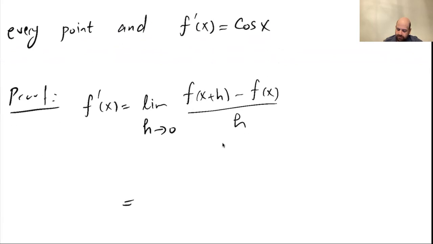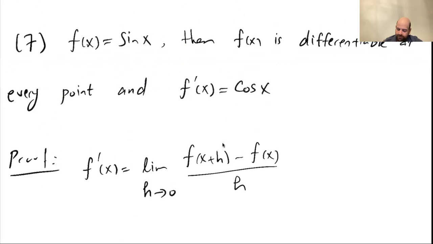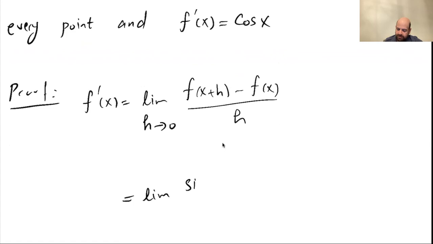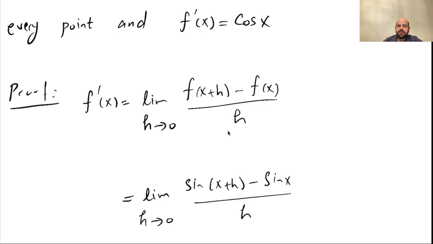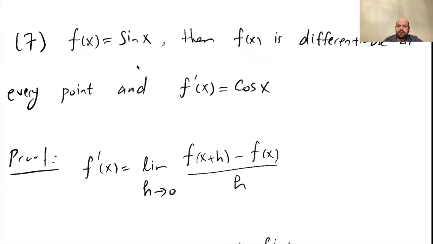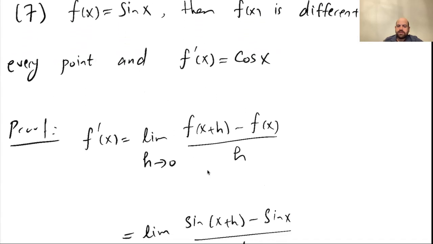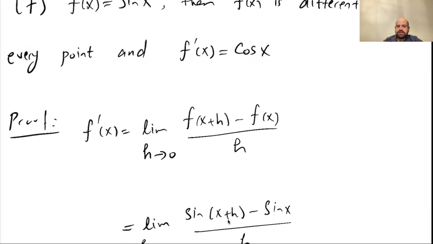Now, how much is that going to be? Limit of f of x plus h, which means sine of x plus h, minus sine x, since f of x is sine x, divided by h as h approaches 0.